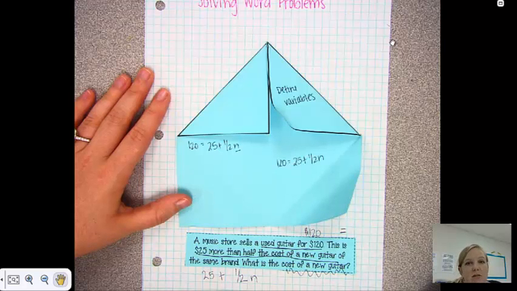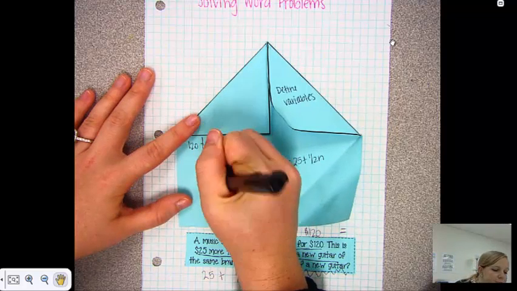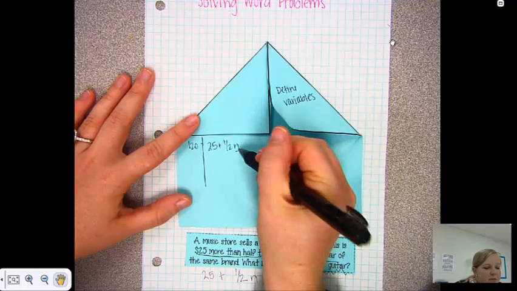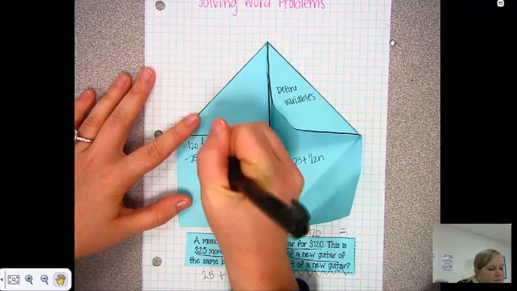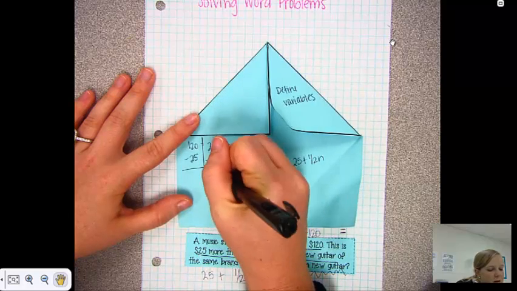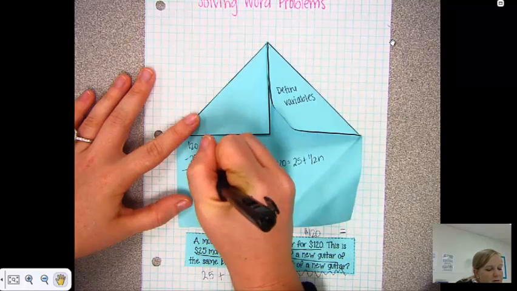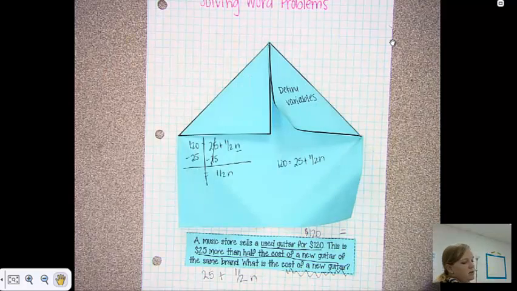No. Do I have any like terms to combine on the left or right side? No. Do I have variables on both sides? No. So the first thing I'm going to do is move my constant by adding the opposite. My constant here next to my variable is 25. The opposite of 25 is negative 25. 1/2 n is equal to 120 minus 25.